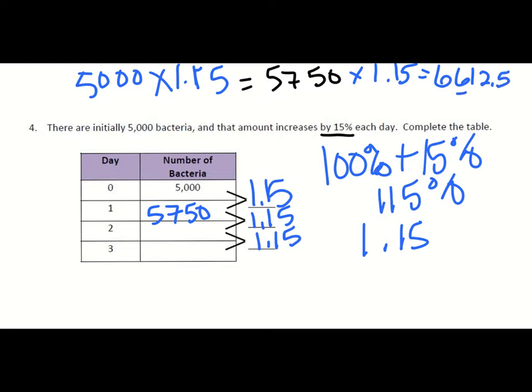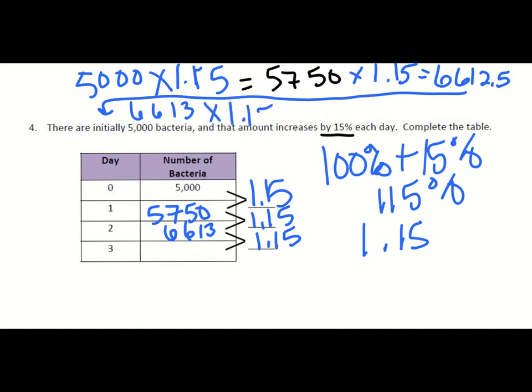However, you're going to round that to 6,613, because you want a whole number. And then you're going to multiply that times 1.15. So 6,613 times 1.15.